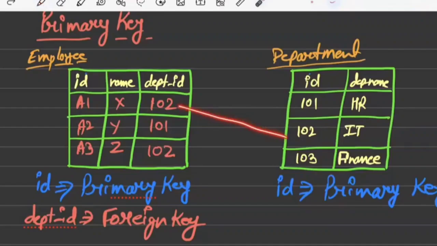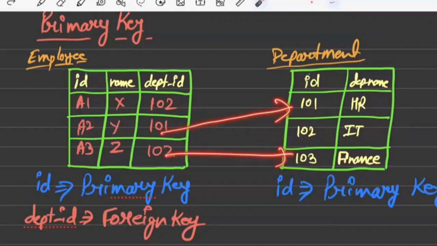These values are matching with this one. But when we are creating the table, how do we set up this integration? Since this table data is visible to us, only then are we able to identify that department ID's values are coming from the ID column of the department table, right?